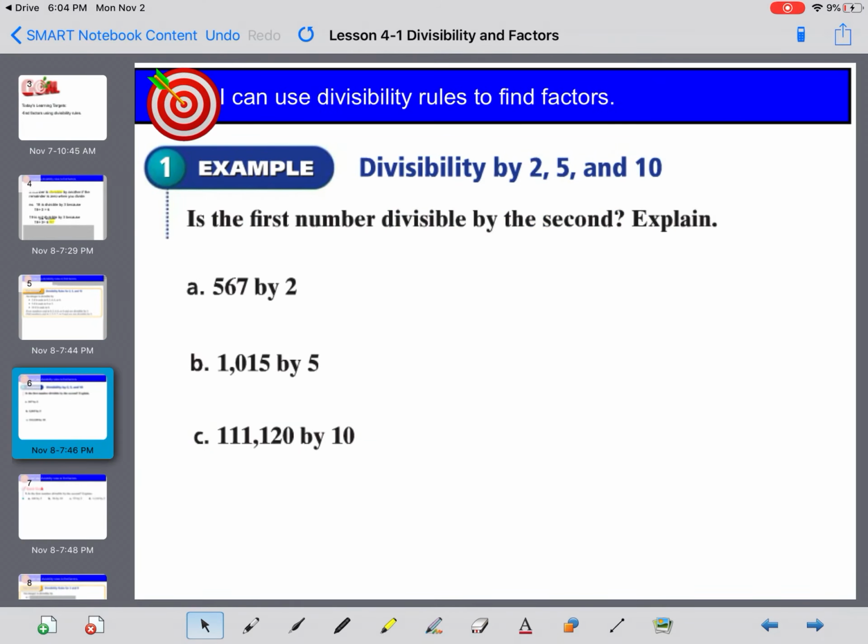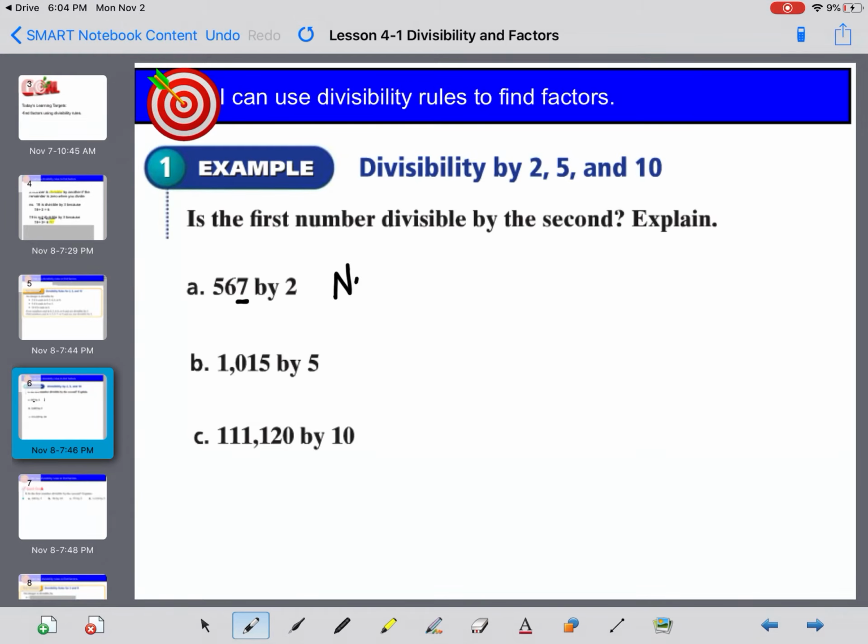So let's practice this. Is the first number divisible by the second? 567, is it divisible by 2? So what we're going to do is look at this last number, the number 7. The rule for being divisible by 2 is that the number must end in 0, 2, 4, 6, or 8. 567 ends in 7.